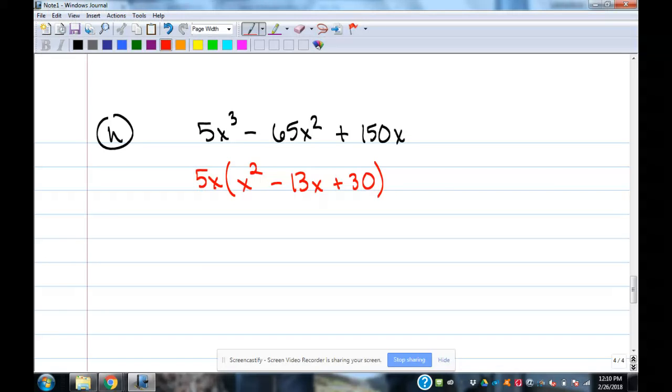Okay, now we look at that trinomial left in the parentheses and ask, can I do that with the X method? What goes on top? 30, negative 13 in the bottom. Yeah, 6 and negative 5 gives negative 11, so that doesn't work.